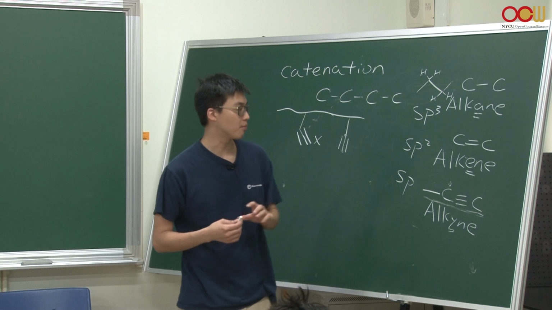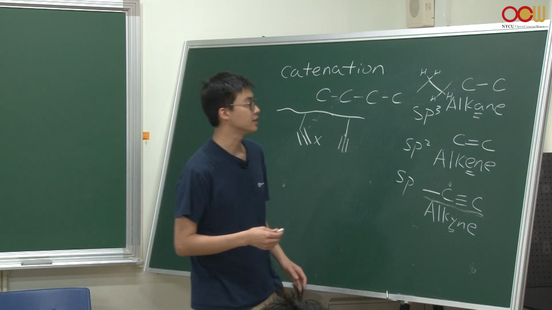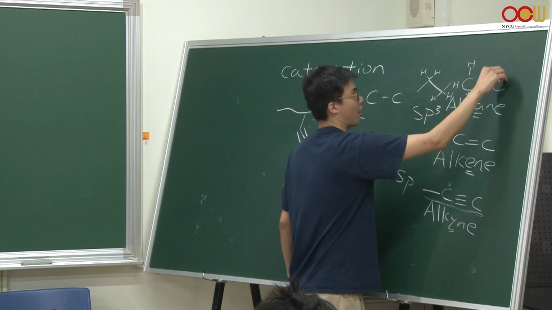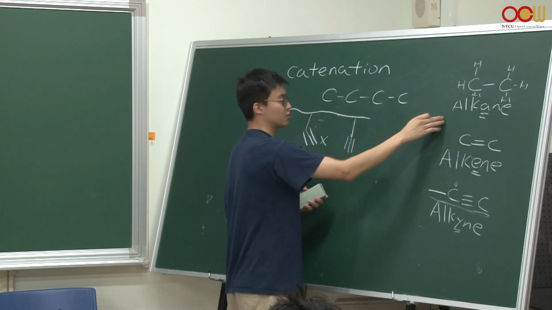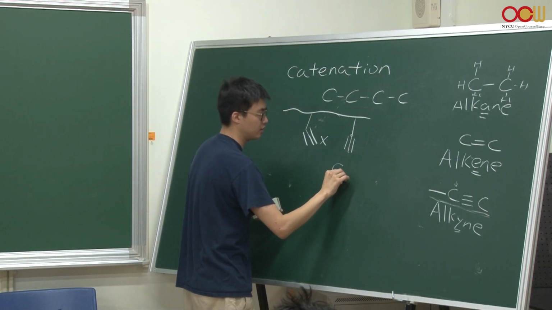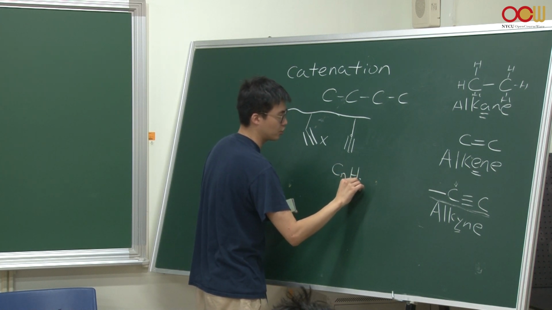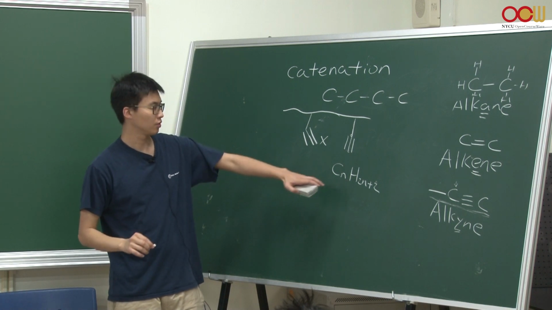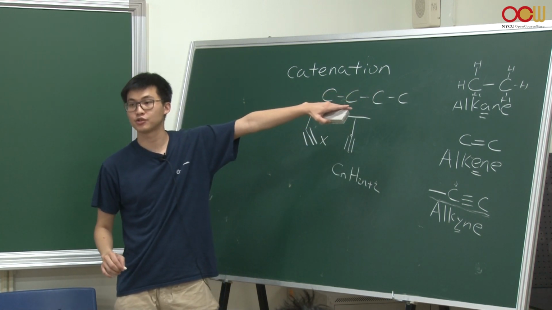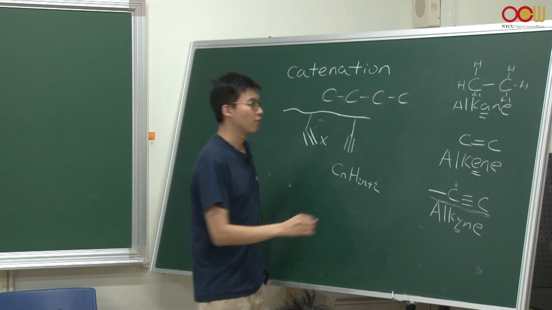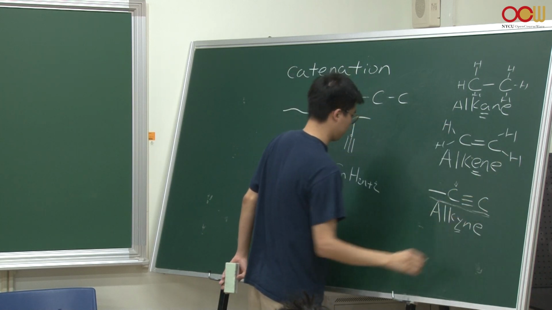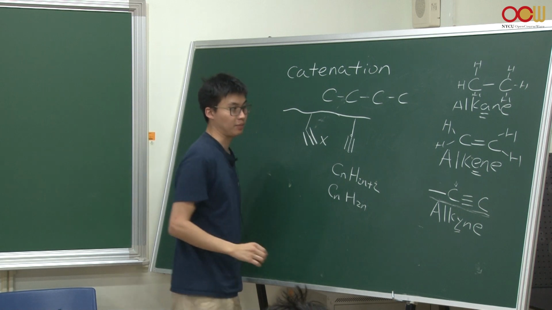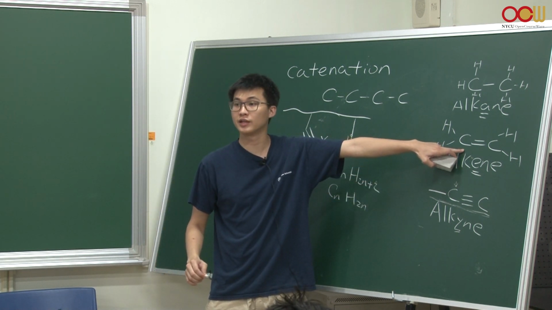Another important thing to recognize: I'm going to put hydrogen around it. So this structure is CnH2n+2, right? So you have 6 hydrogen. For this structure, it becomes CnH2n, because you have 1 degree of unsaturation.